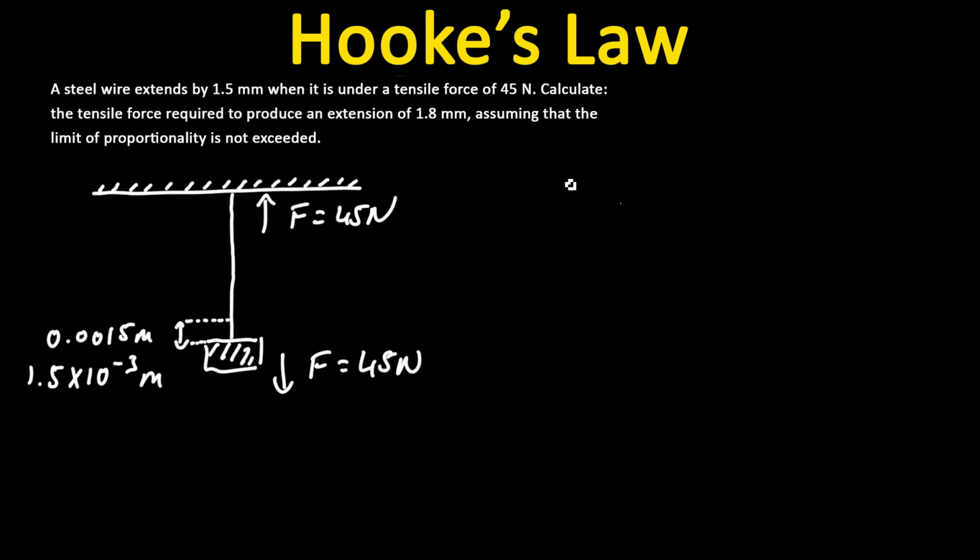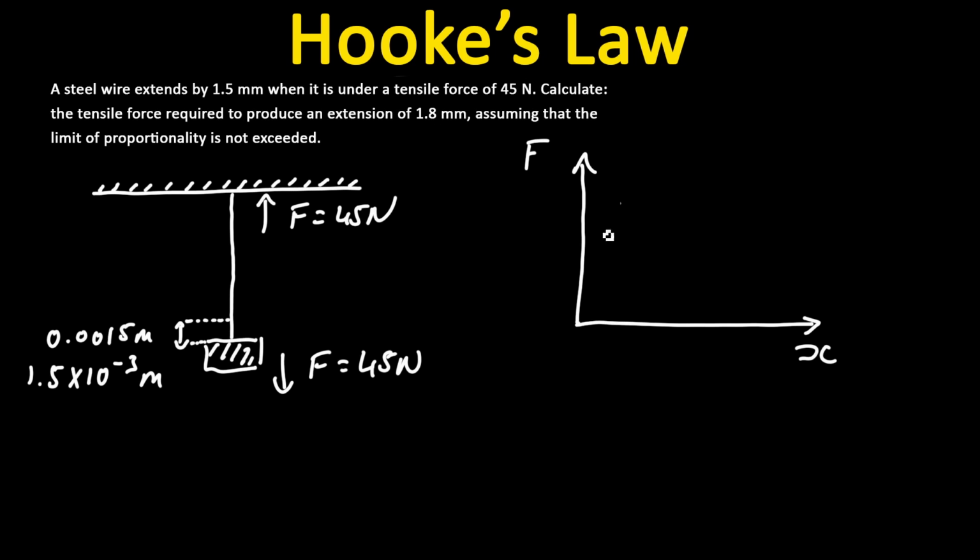So let's draw our graph so we fully understand what this means. This is the load force on the y-axis, and on the x-axis is how much our steel wire has extended.